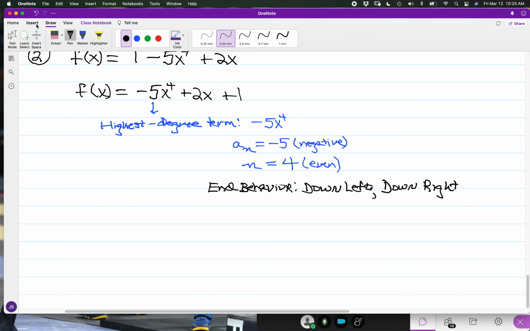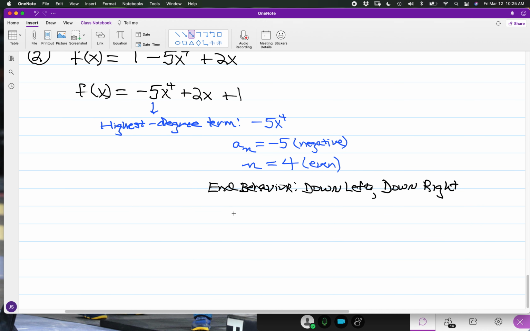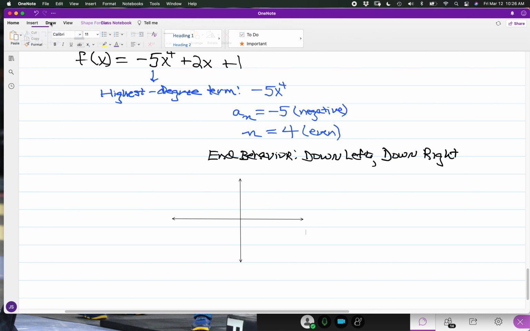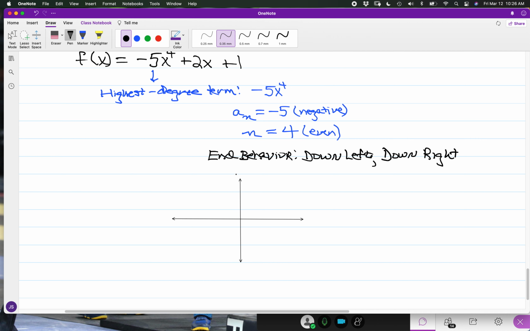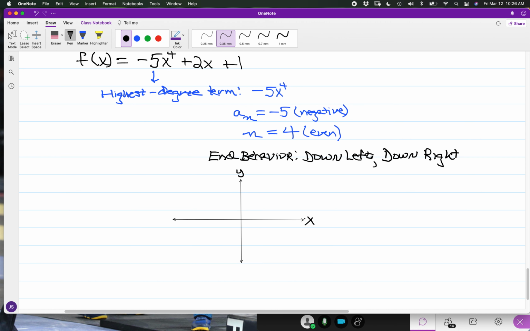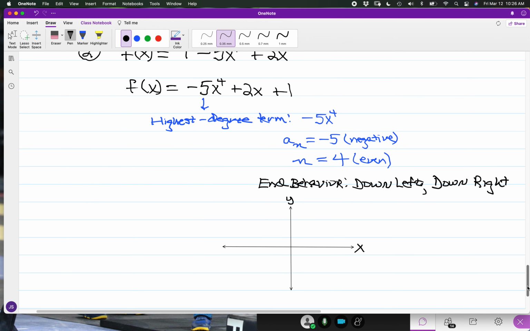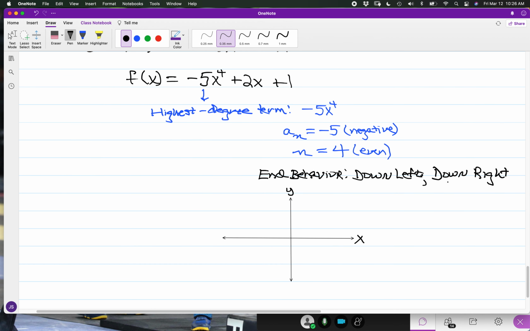And again, just for the nature of the layout, I'm not going to be drawing this exactly according to scale.